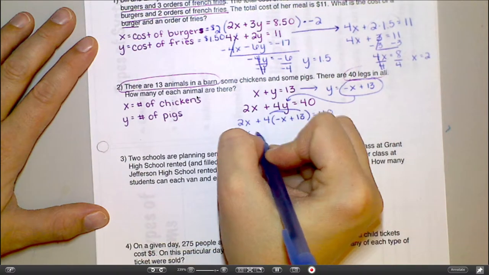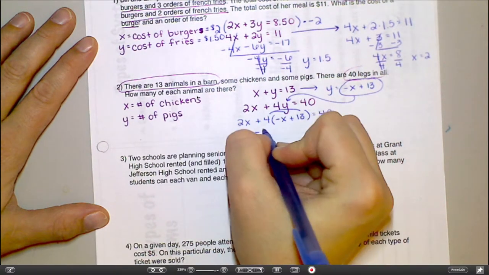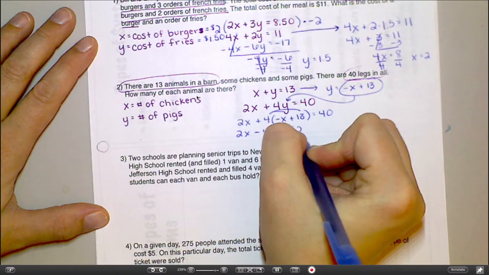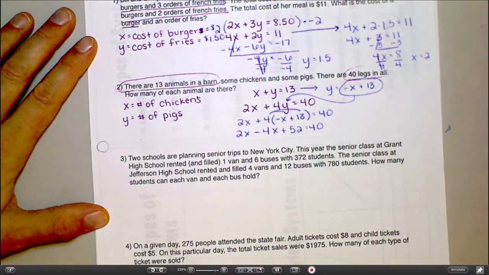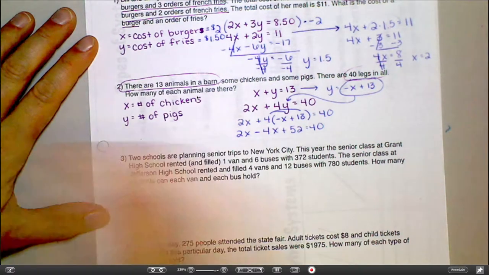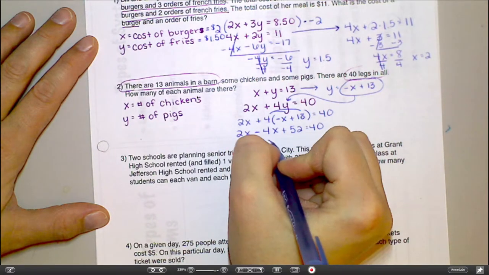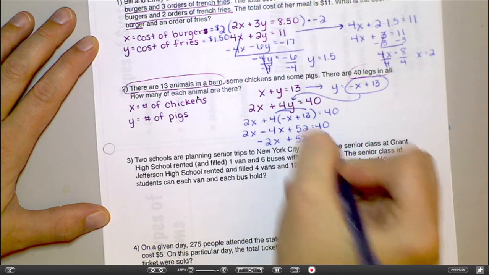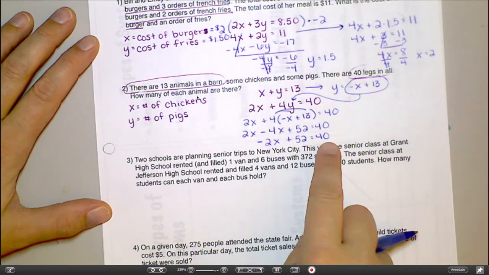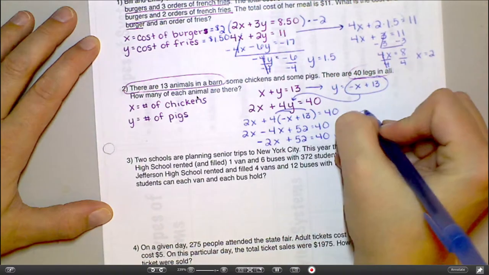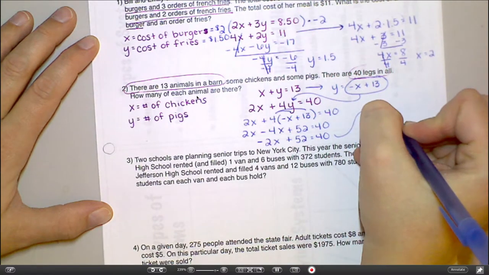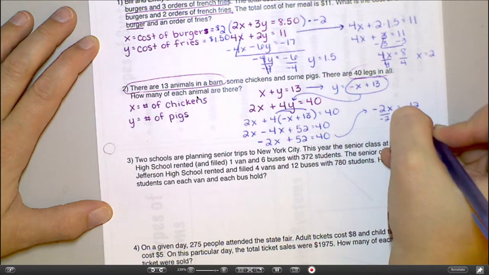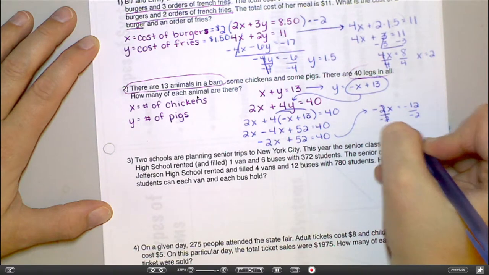So 2x. 4 times negative x is going to give you negative 4x, and 4 times 13 is going to give you 52. 2x minus 4x is negative 2x. I'm running a little short on space, but if I subtract 52 from each side, I'm going to end up with negative 2x equals negative 12. Divide by that negative 2, and I get x equal to 6.